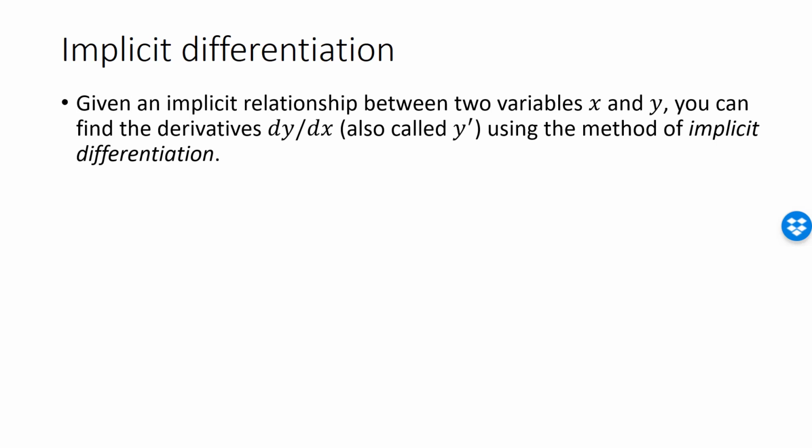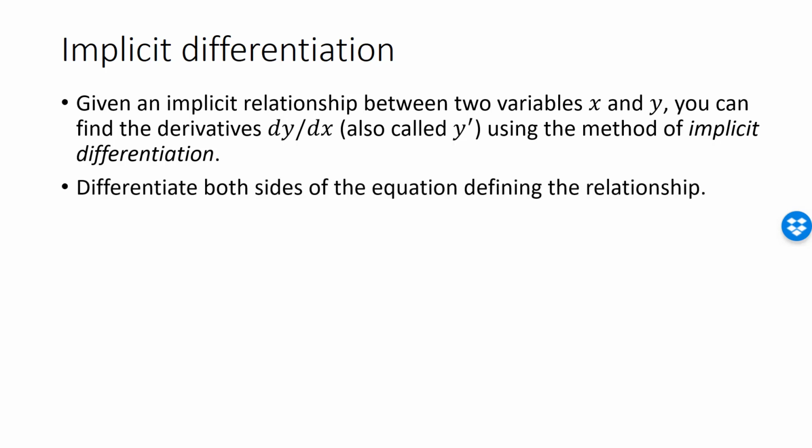The basic idea is to begin with the equation defining the relationship between the variables. We differentiate this equation with respect to x, and that will give us a new equation. This equation will contain y prime, and solving the equation for y prime will give us the derivative. In the latter case, the equation may be solved numerically.